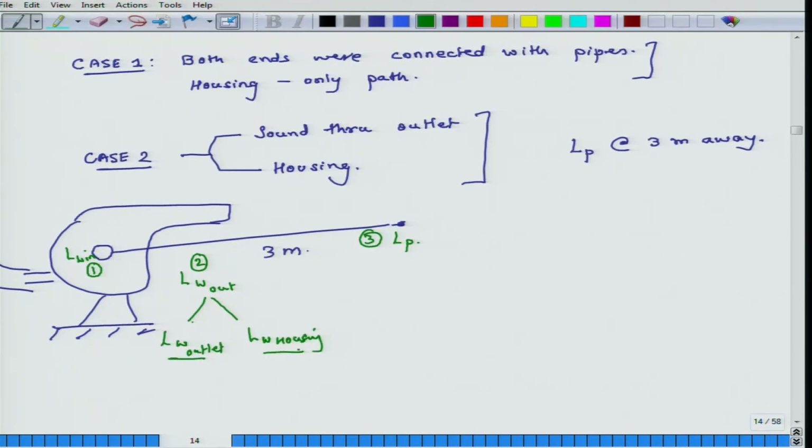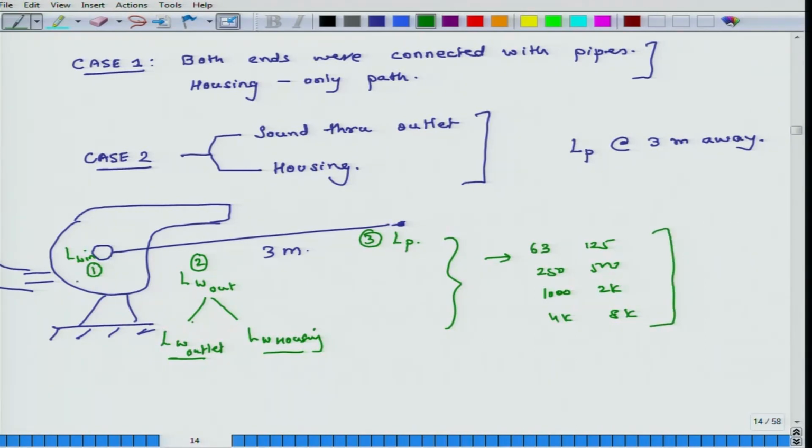I have to do all these calculations for 63, 125, 250, 500, 1000, 2K, 4K, 8K, all these frequencies.